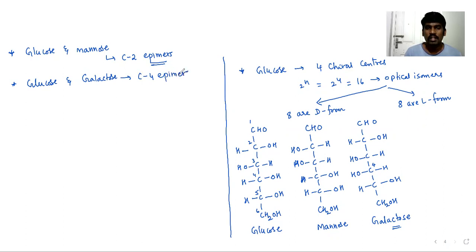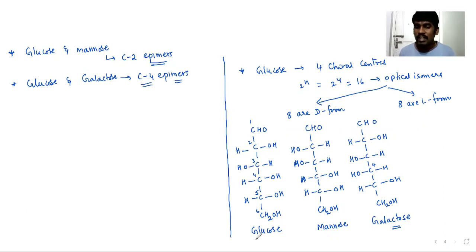Among monosaccharides, the most important are glucose, mannose, and galactose.